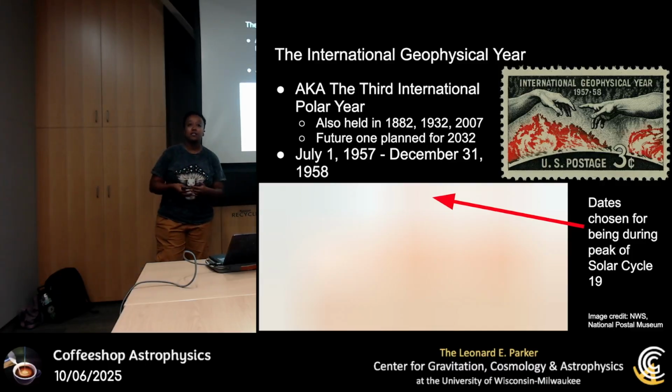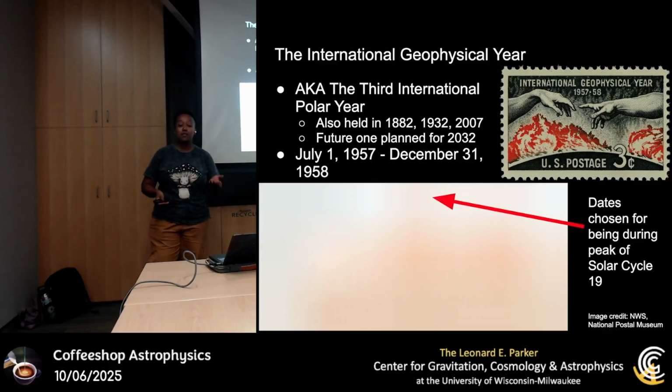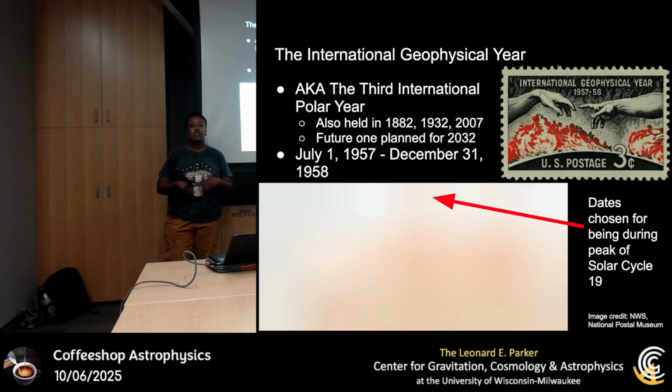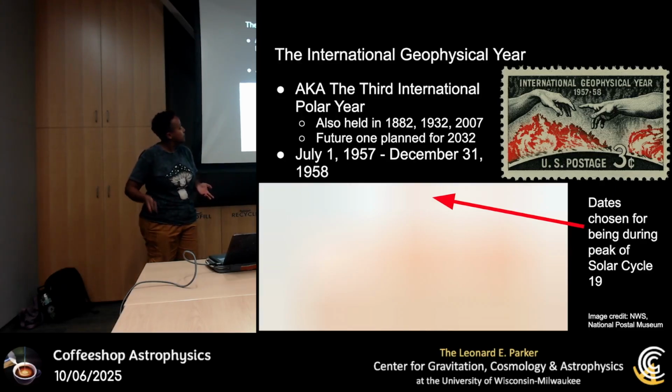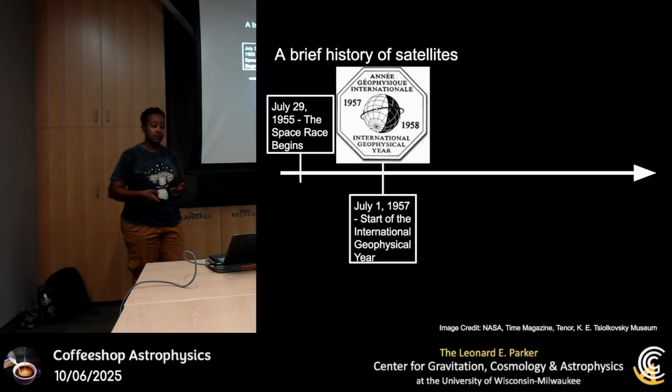The first one was held in 1882. There have been several held since then, one recently in 2007, and a future one is going to be planned in 2032. This particular polar year was also nicknamed the International Geophysical Year because the focus of it was the space race.